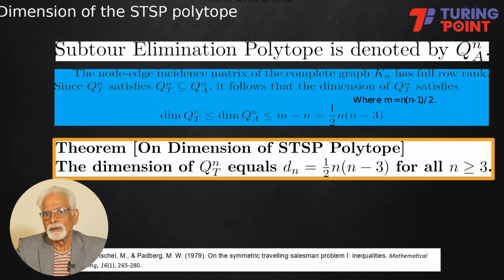So the number of variables in the problem will be n into n minus 1 by 2. So the subtour elimination polytope has a dimension less than or equal to that, and the Turing polytope will have a dimension less than the dimension of the subtour elimination polytope.